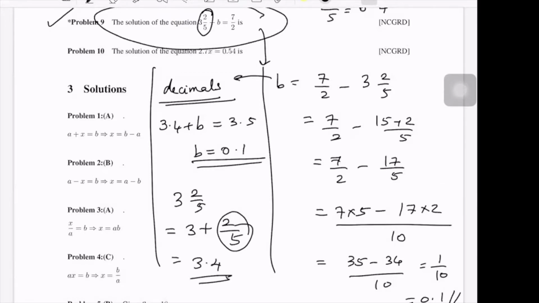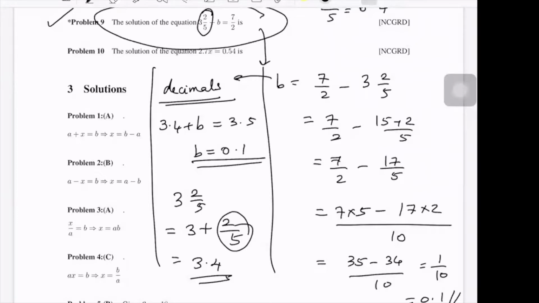On the RHS, we have 7 by 2. 7 by 2 is half of 7. Half of 7 is 3.5. Is that difficult to imagine?